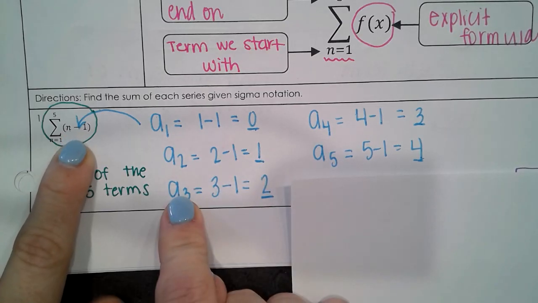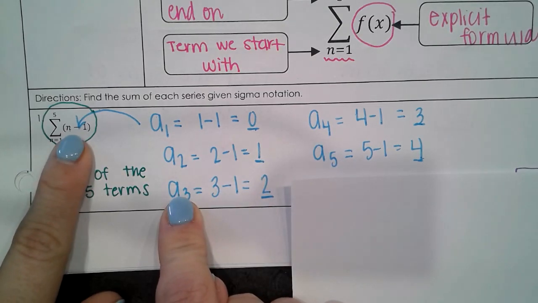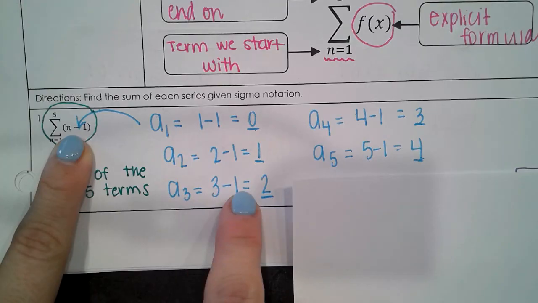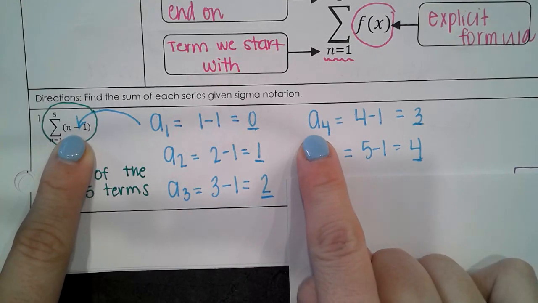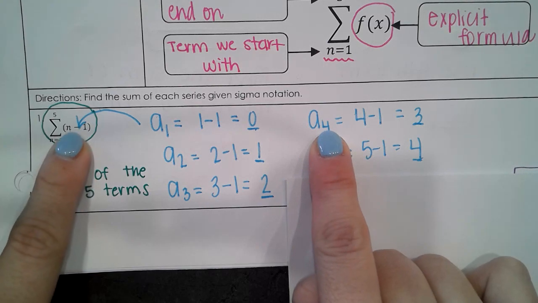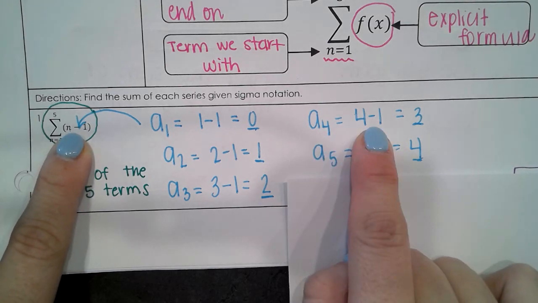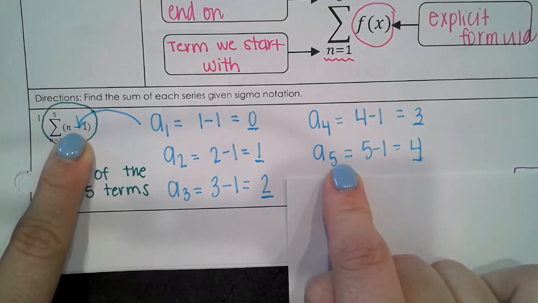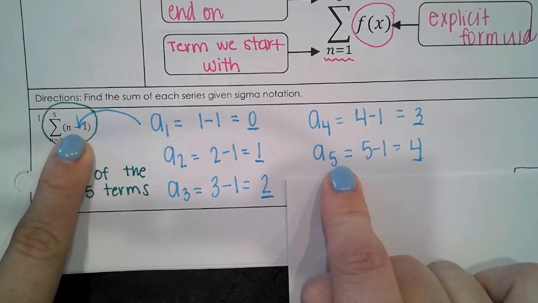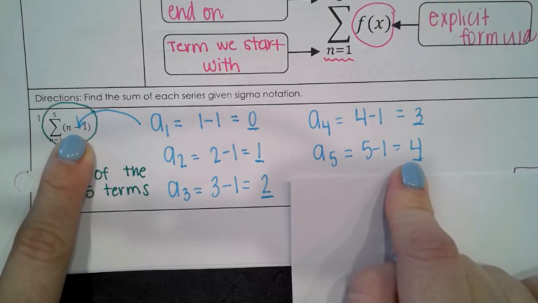Then you're going to find A3. You're going to plug in a 3 for n. 3 minus 1, 2. Then you're going to do A4. You're going to plug in a 4. 4 minus 1 is 3. And then you're going to find A5. You're going to plug in a 5 for n. 5 minus 1 is 4.